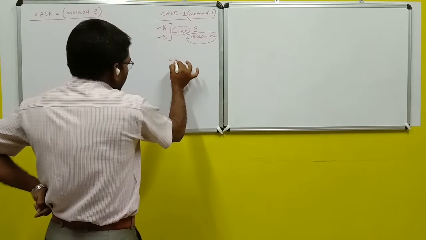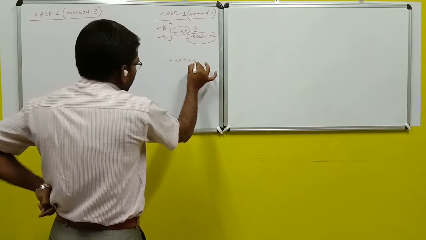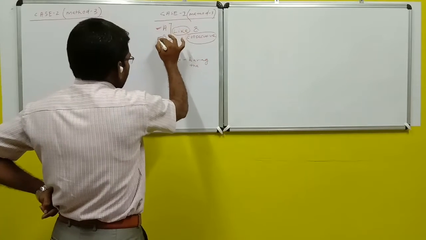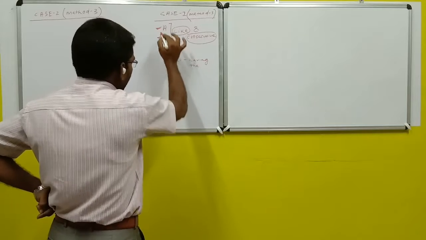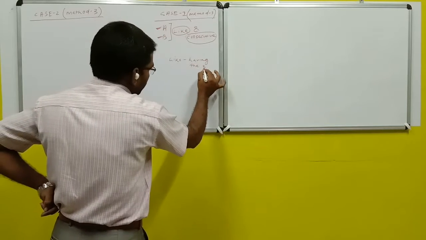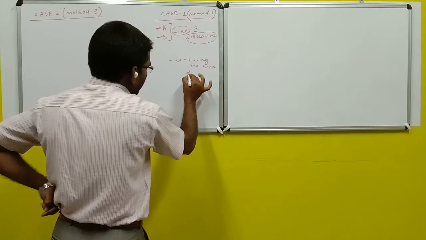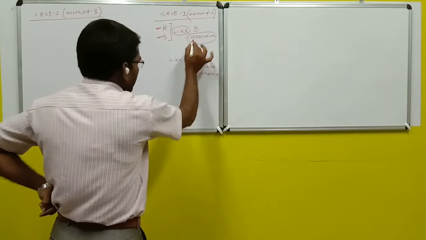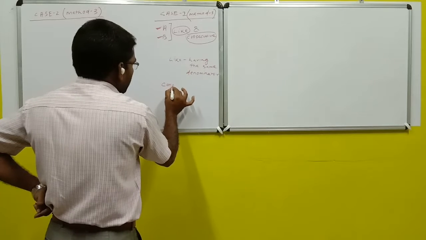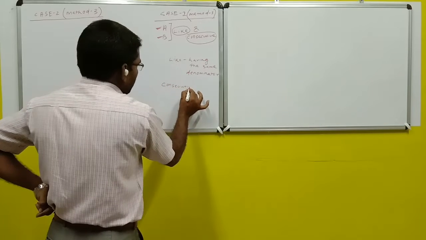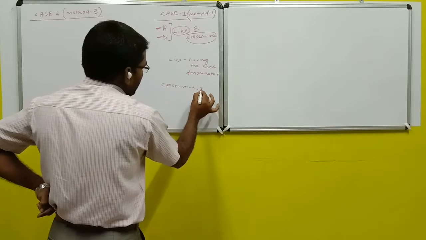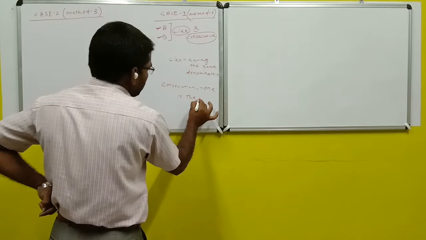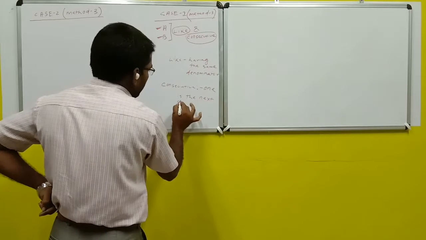The word like means having the same denominator. Both the rational numbers will have the same denominator. Therefore, they are called like, having the same denominator. And the term consecutive means one is the next of the other.